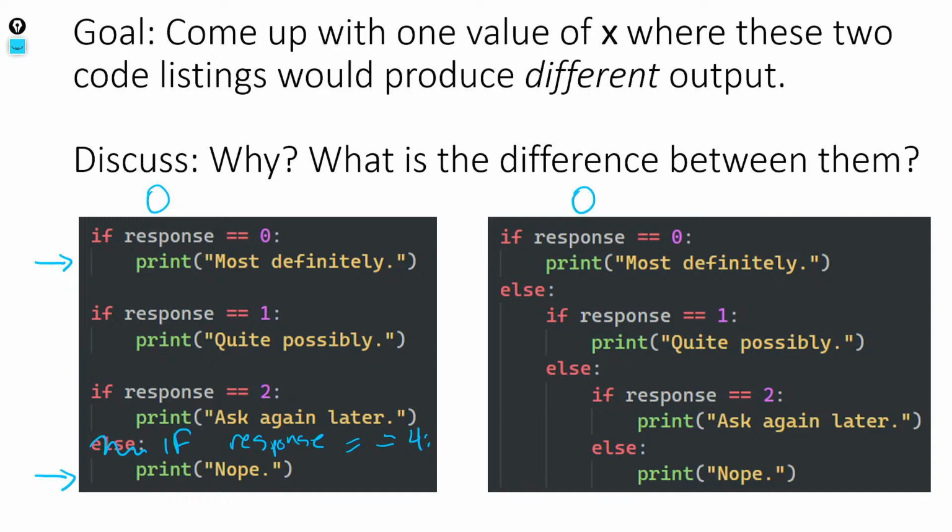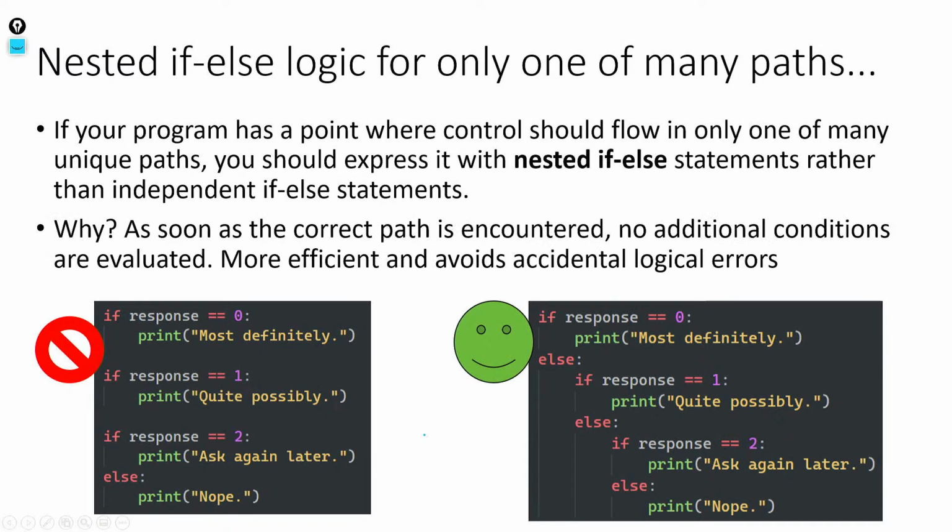So there's some additional processing that would happen that wouldn't need to happen if you had properly nested it, such that on the right-hand side, as soon as it figured out which branch it was taking, it could skip over everything else.